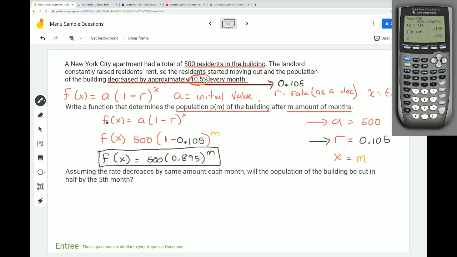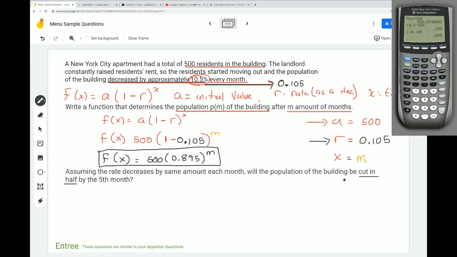Okay, so we're going to continue assuming the rate decreases by the same amount each month. Will the population of the building be cut in half by the 5th month? Okay, so we know that there's 500 residents in the building, and they want to know if the population is going to be cut in half.